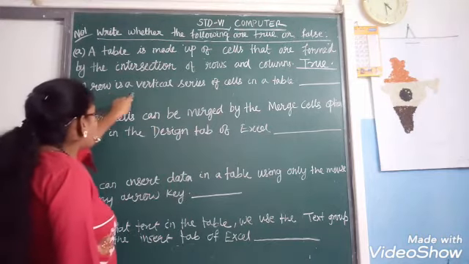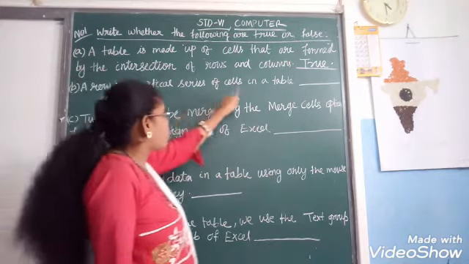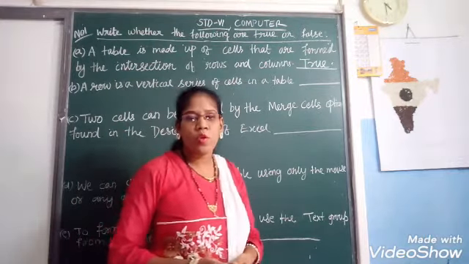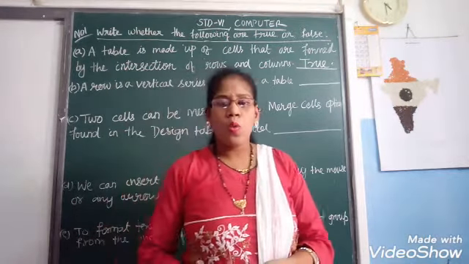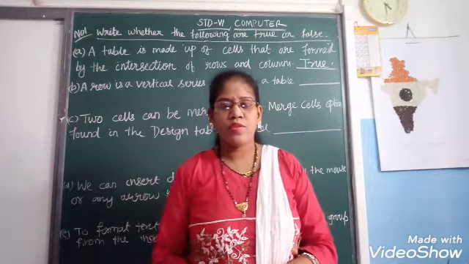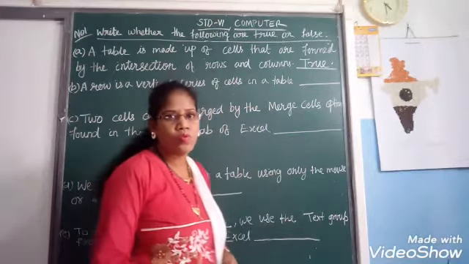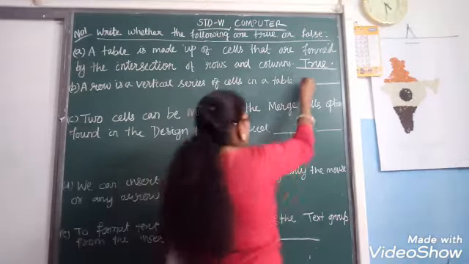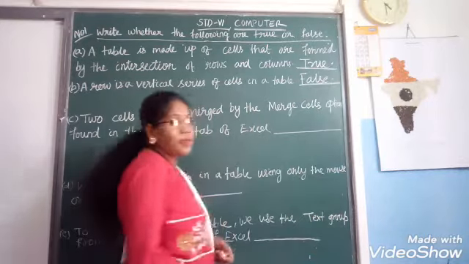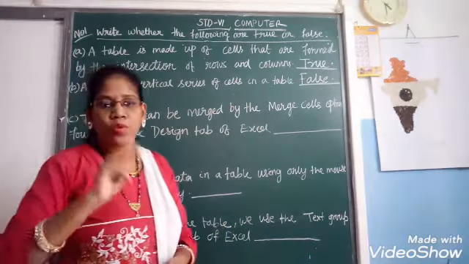A row is a vertical series of cells in a table. What is a row? A row is a vertical series of cells in a table. So it is false. Here you can write two options.